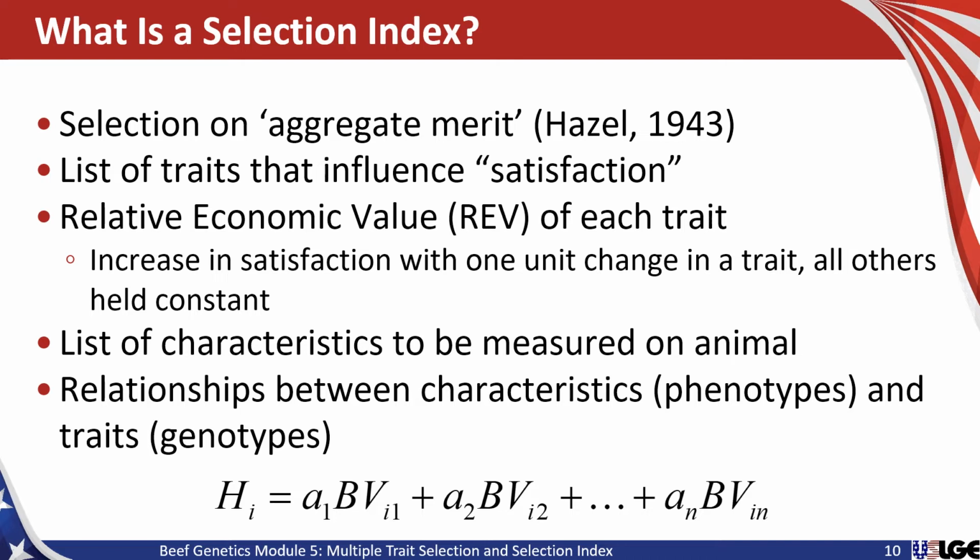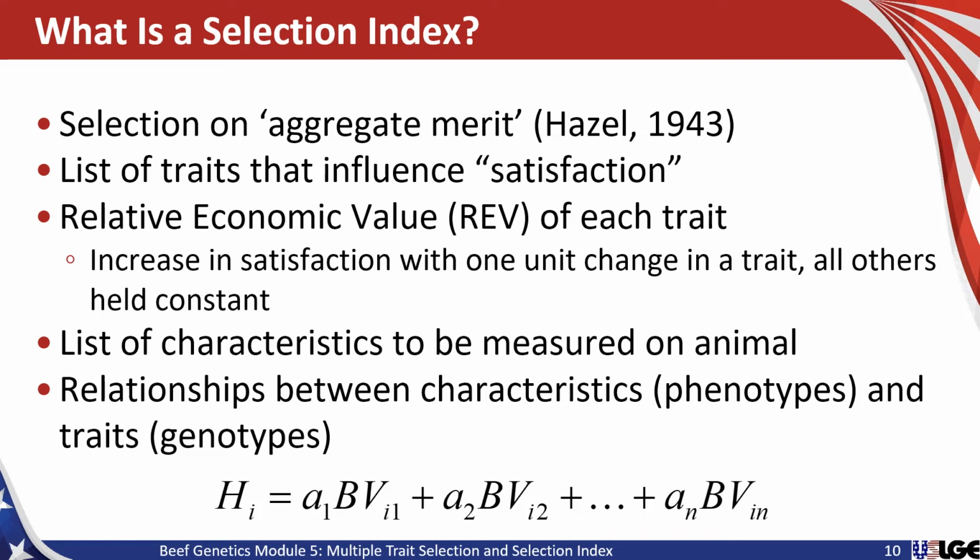The relative economic values for each trait then are associated with changes in that satisfaction, holding all other traits constant. In other words, if I increase one trait by 1 unit and hold all other traits constant, what is the impact in terms of net profit?